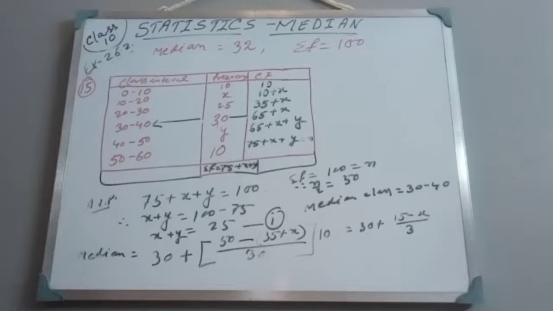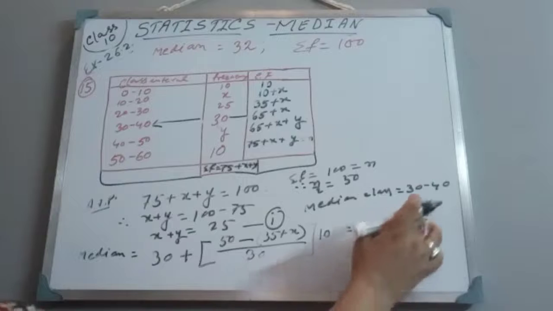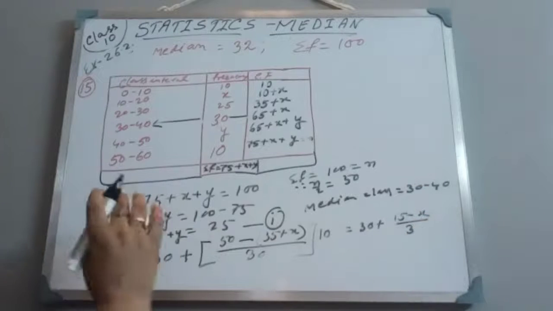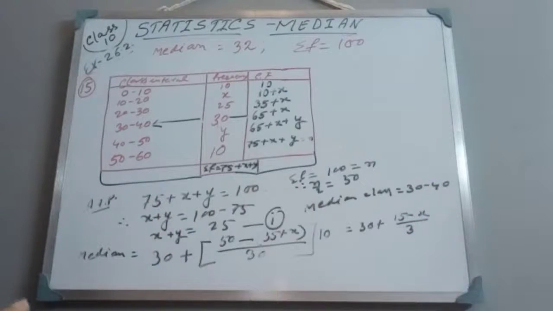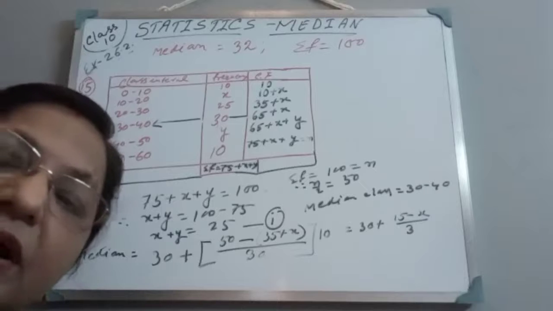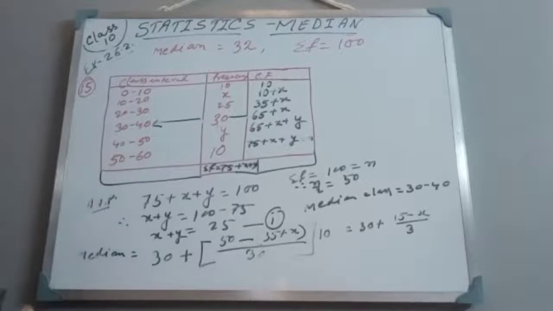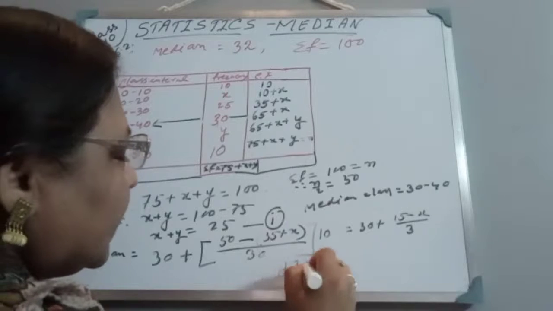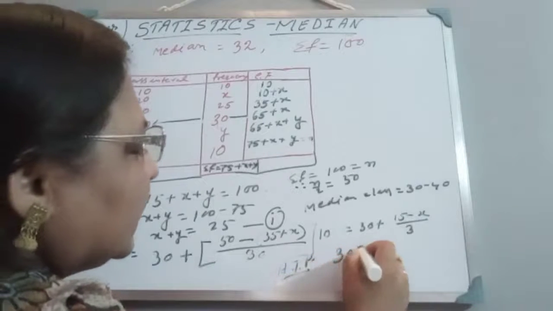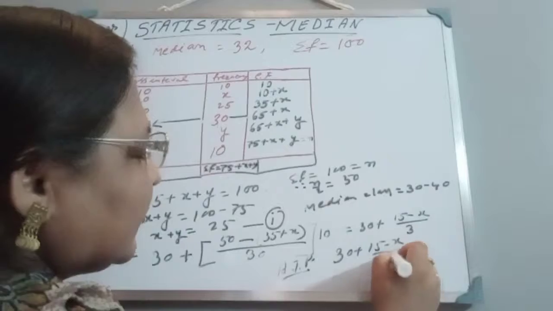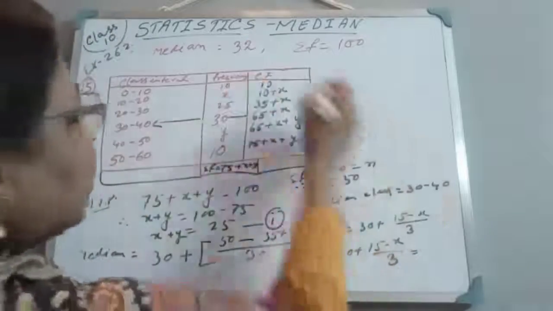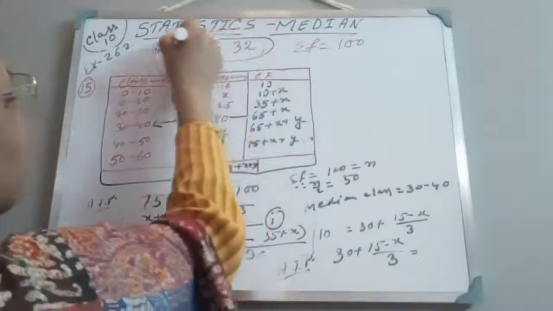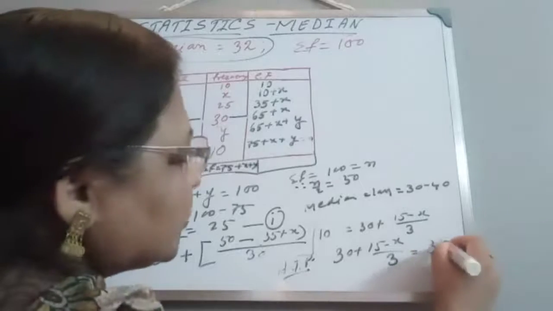According to the problem, we can write 30 plus 15 minus x by 3 is equal to 32, because the median is given to us as 32. Here this is the median, so write here 32.